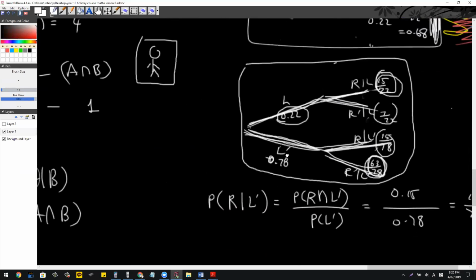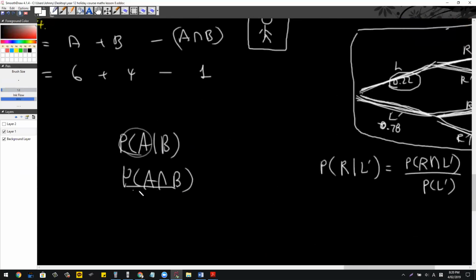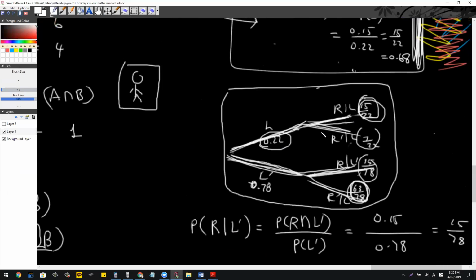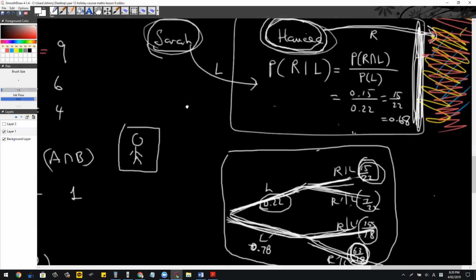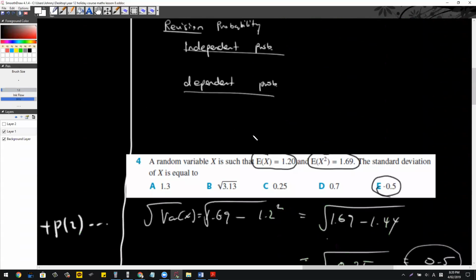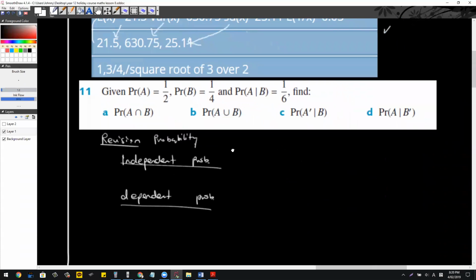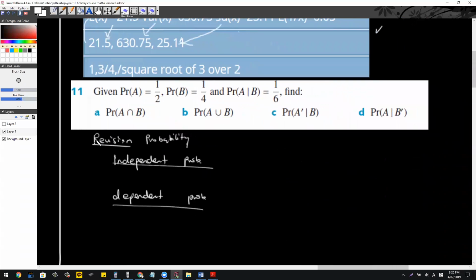For A and B, if you want to go for and, that's multiplication of two branches. Now let's have a look at this question that we couldn't do. So this will make a lot more sense.